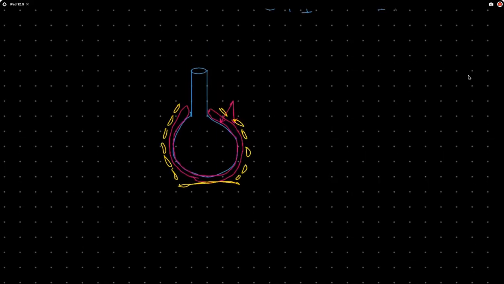On the outside of the lungs, the first pressure that we do have is called the atmospheric pressure. This is outside and around the lungs.